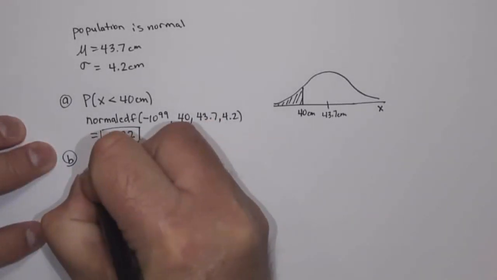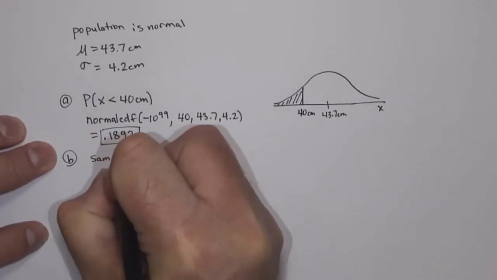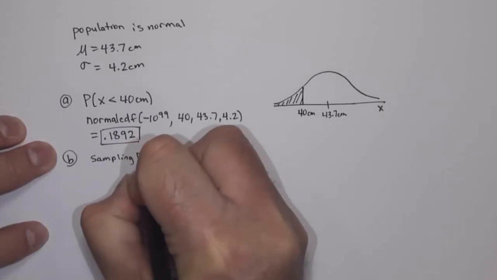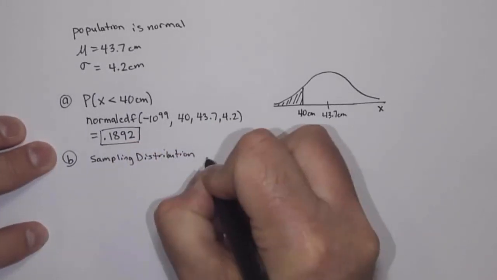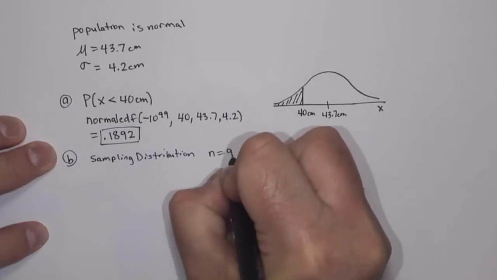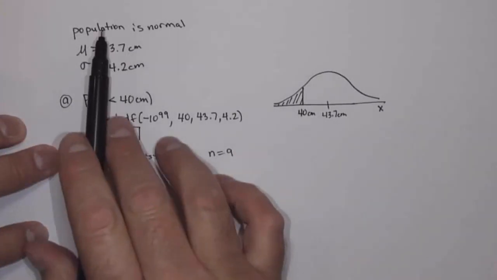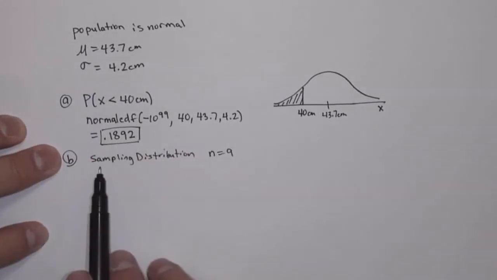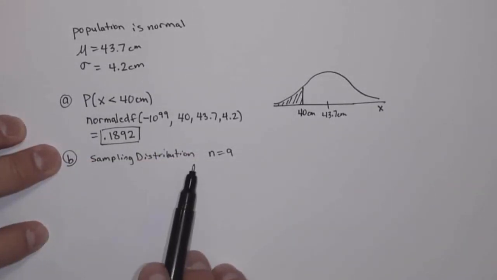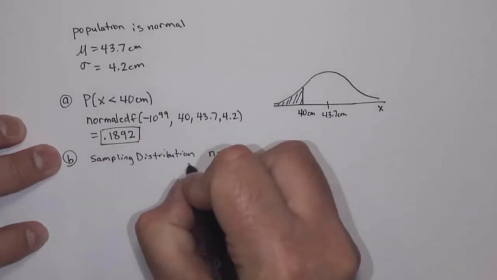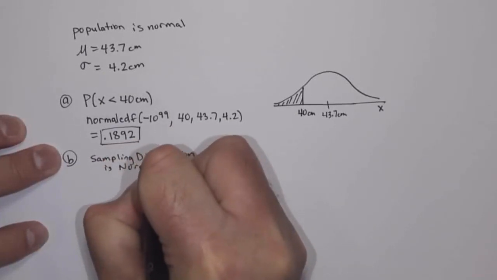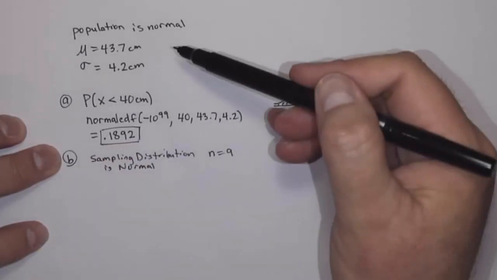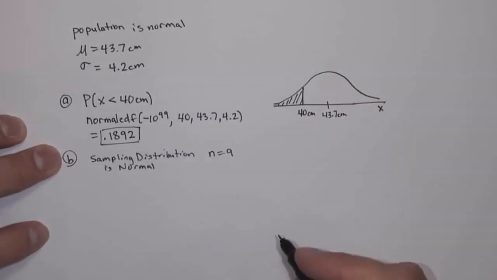Now we're talking about a sampling distribution. We know that the sample size is 9. The fact that the population's normal tells me that this sampling distribution is normal also.